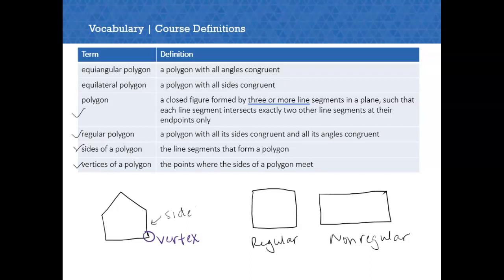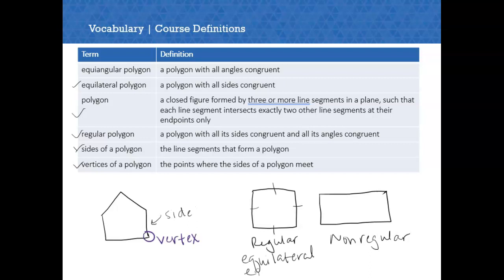Equilateral is a polygon with all sides congruent. So this is equilateral because all these sides are congruent. This is equilateral. Equiangular is a polygon with all angles congruent.